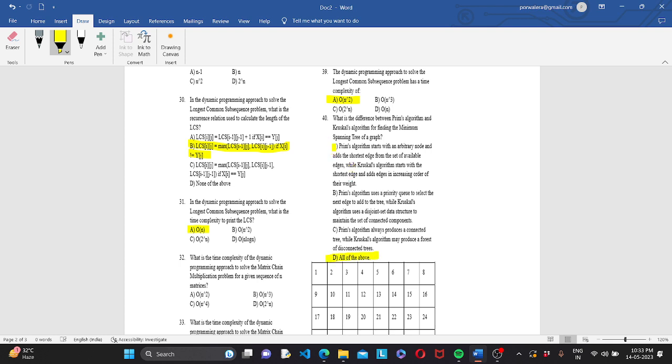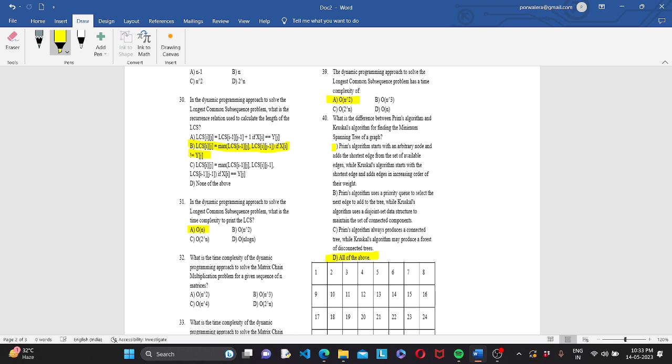Option number A says that Prim's algorithm starts with an arbitrary node and adds the shortest edge from the set of available edges, while Kruskal's algorithm starts with the shortest edge and adds edges in increasing order of their weight.